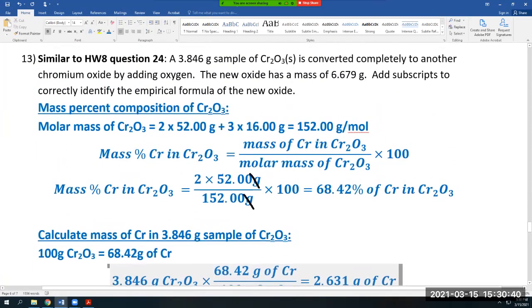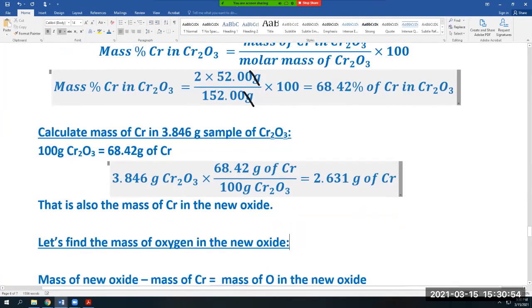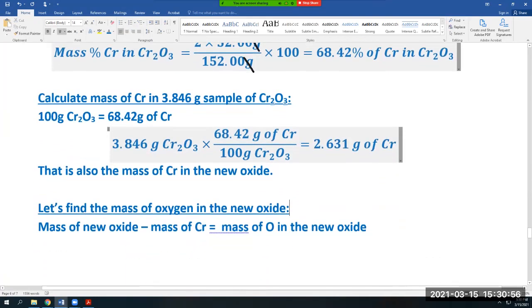So we know the total mass of the new oxide. So we can use that and then subtract the mass of chromium we just calculated, and the difference is only due to oxygen. So if we do this, mass of new oxide minus the mass of chromium, will get us the mass of oxygen in the new oxide.